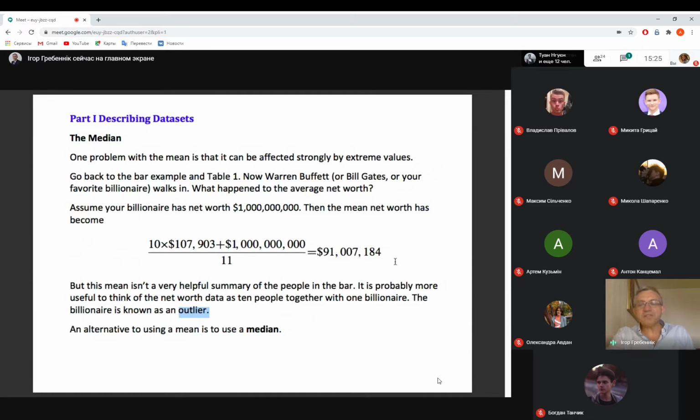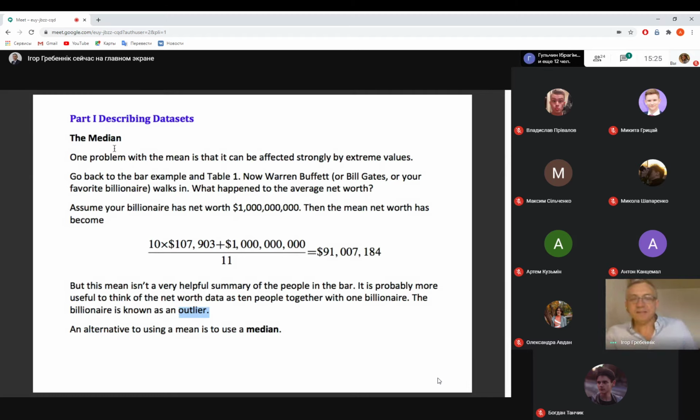And maybe average characteristics, the mean, proposes to us not a very good description of the data set, of the whole data set in general.